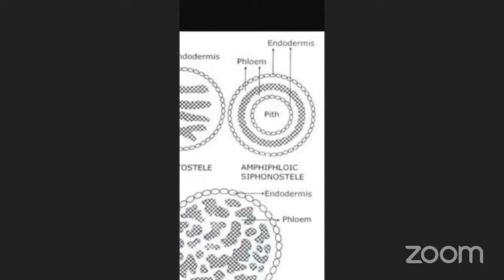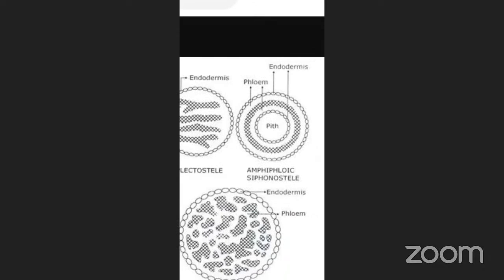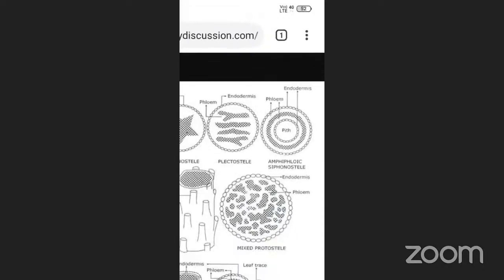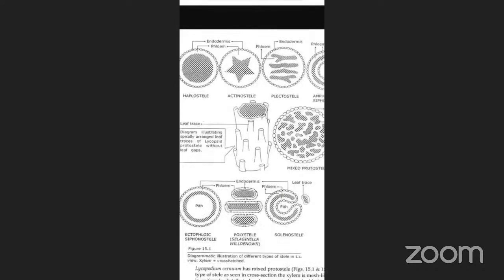The outer phloem is surrounded by outer pericycle and outer endodermis, and the inner phloem is surrounded by inner pericycle and inner endodermis. Means two pericycles, two endodermis, two phloems are there, covering the xylem. That one we call the amphiphloic siphonostele, which is present only in Marsilea. Okay.